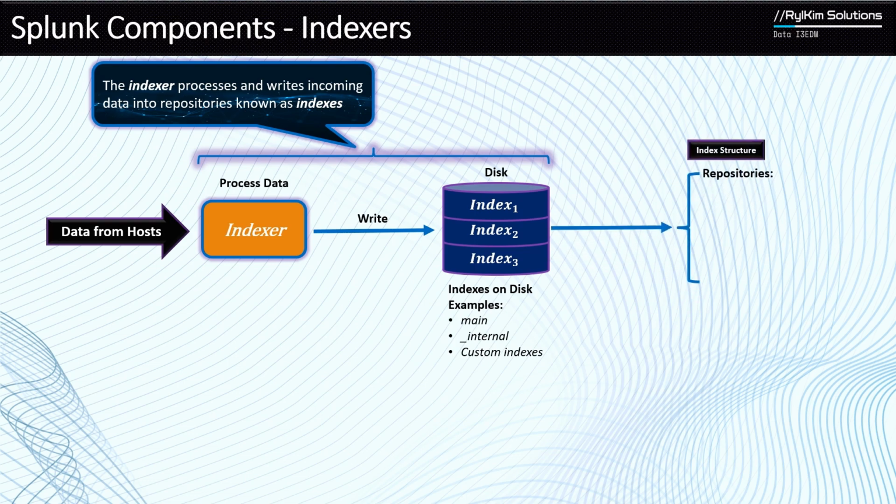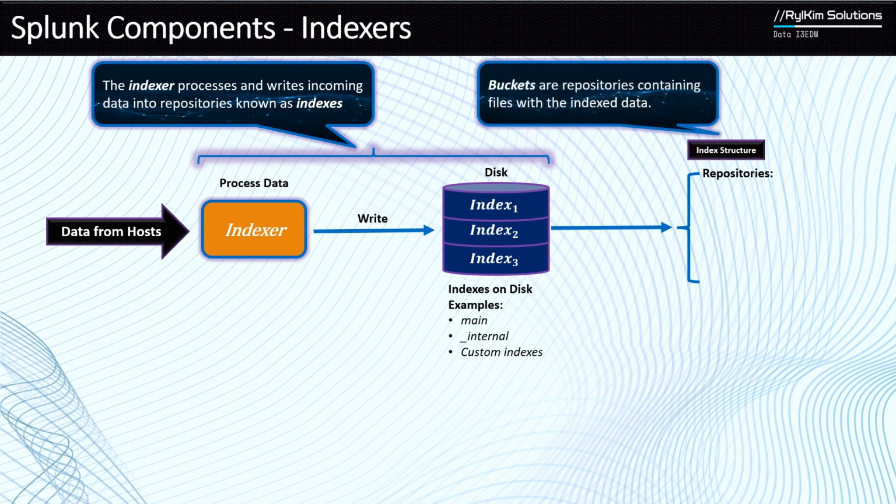Now let's look at the structure of an index. That index that we saw, that are repositories on disk, when you start diving into that index, you're going to get some final repositories or files there. Those are known as buckets. So buckets are the final repositories within the index structure that contain the actual files that have the index data that you get into Splunk.